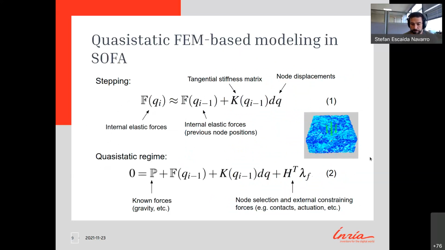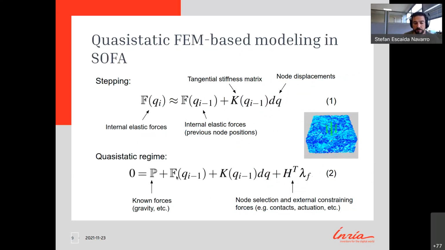So coming back to how this is implemented in SOFA, we have for each time step the internal elastic forces of our device, which is a linearization of the previous time steps. So we have the stiffness matrix, which is computed at the beginning of the simulation and propagated for each new time step.